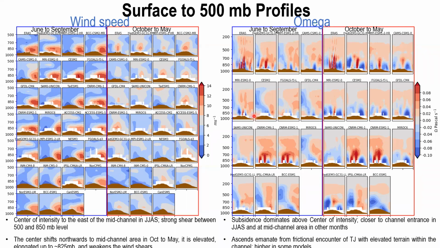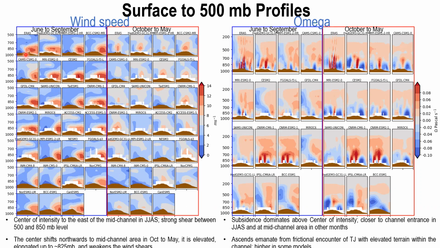So for profiles of wind speeds, we see the center of activity during JJAS, when we have the Somali Jet present closer to the entrance area of the Turkana Channel in these different models.